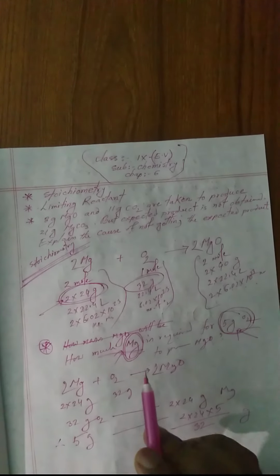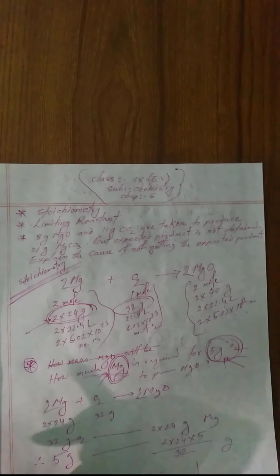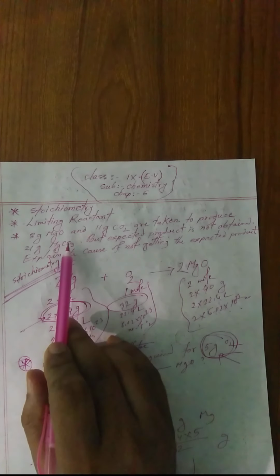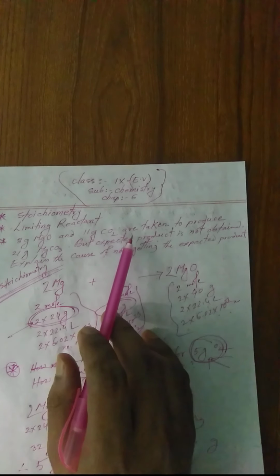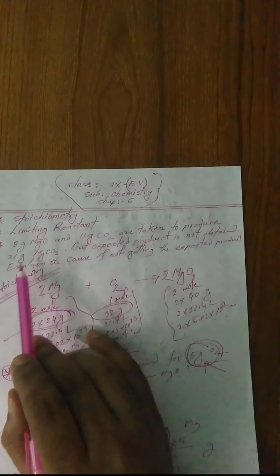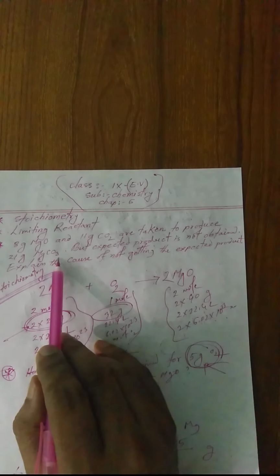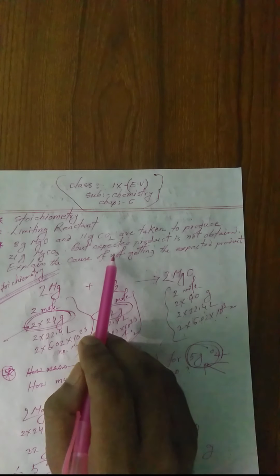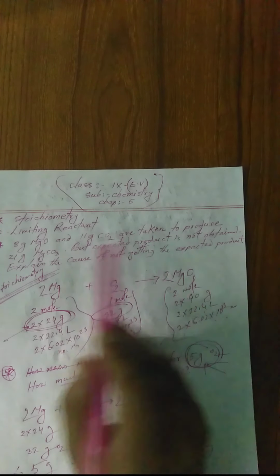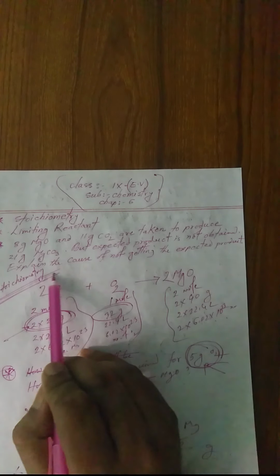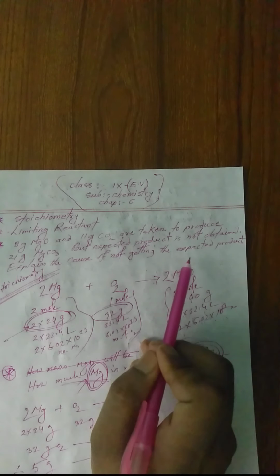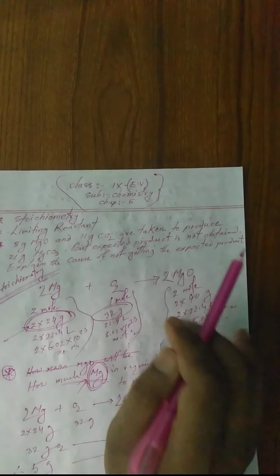Now the problem is: 8 gram MgO and 11 gram carbon dioxide are taken to produce 21 gram magnesium carbonate, but the expected product is not obtained. Explain the cause of not getting the expected product.